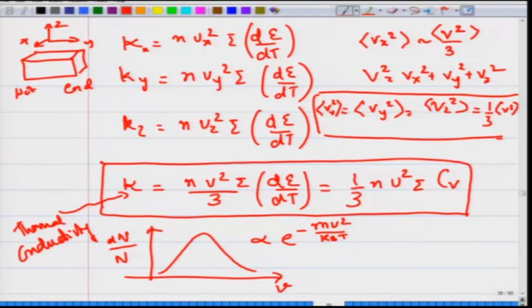Now, in kinetic theory of gases, you have learnt how to calculate the mean square velocity.